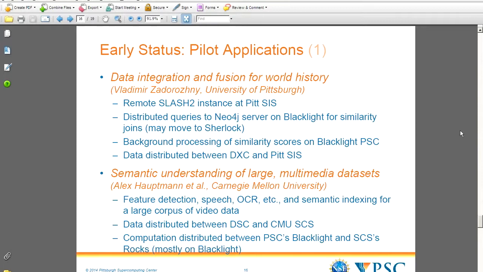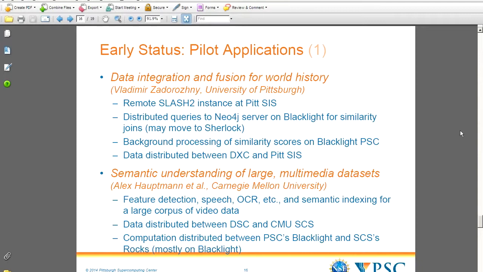We're also doing background processing for similarity scores on Blacklight, and that can be solved almost as a web crawl. These are things that can run in the background as time permits, and what they do is greatly accelerate query response when someone later comes along and wants to figure out what column types they can do a join against as they integrate new data into the history database.